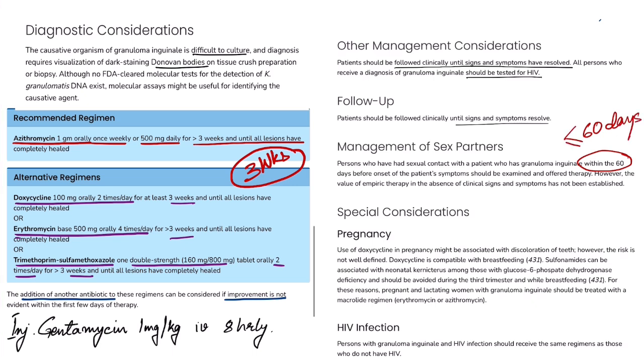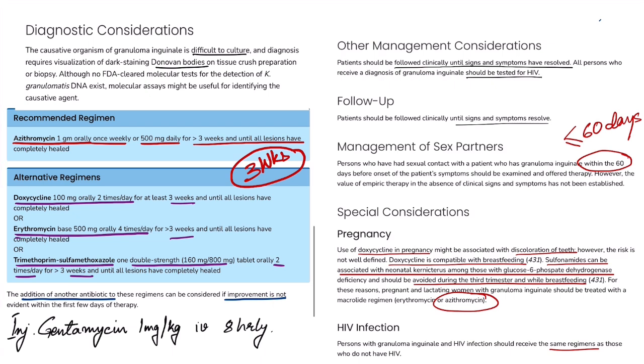In pregnancy, they have written doxycycline might be associated with discoloration of teeth, and sulfonamides may lead to neonatal kernicterus with those with G6PD deficiency. So what is preferred? It is either azithromycin or erythromycin base.